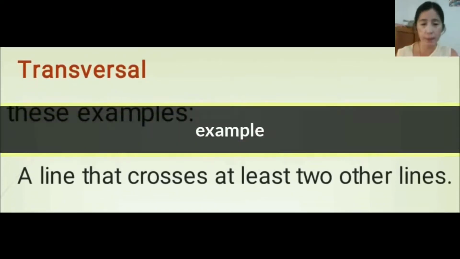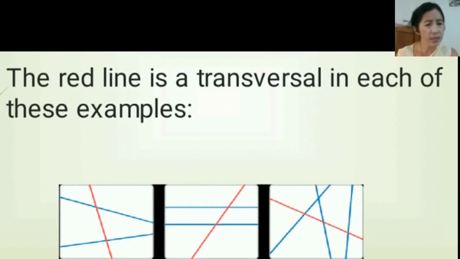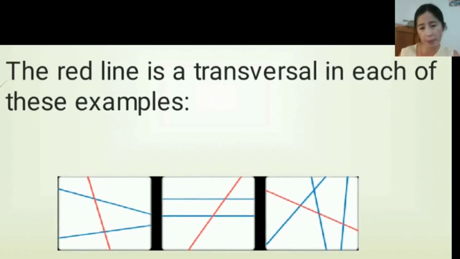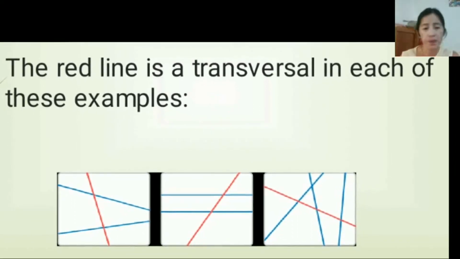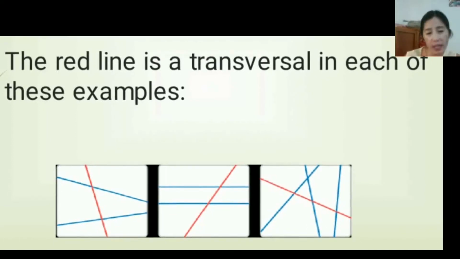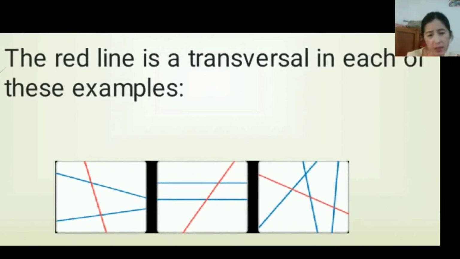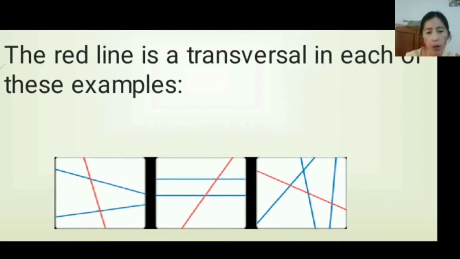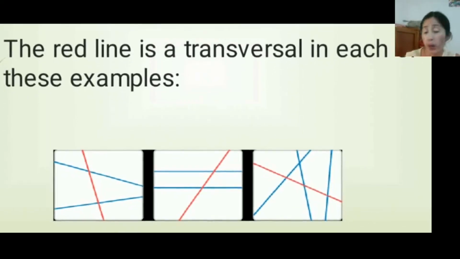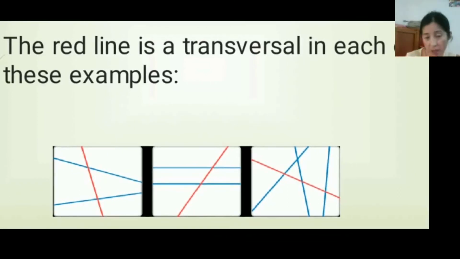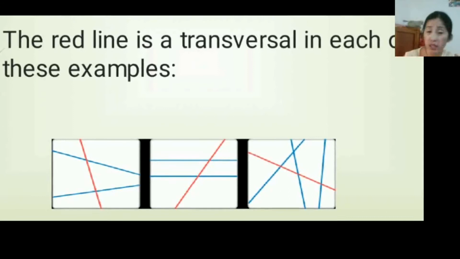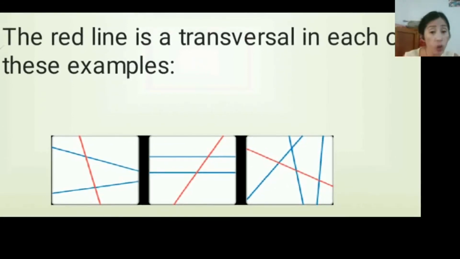Look at our example here. It says that the red line is a transversal in each of these examples. The red line, as you can see, crosses two blue lines. In the first, the two blue lines aren't parallel, while at the center, obviously the blue lines are parallel to each other, and there is a red line that comes across.